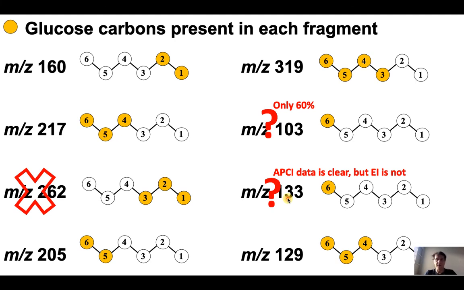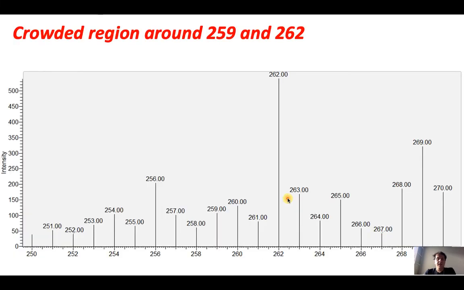So I don't know why, something that we have to think about. And why we cannot use these two fragments: look at the place where they are, 259, 60, 61, 62, so quite problematic. And you see here the intensity is not that high, so 259 and 262, although we know their composition, we cannot use them.